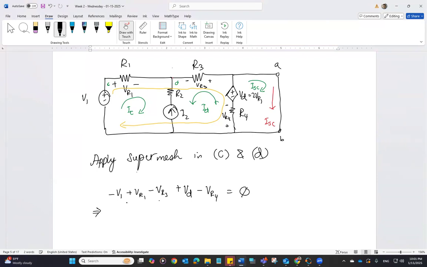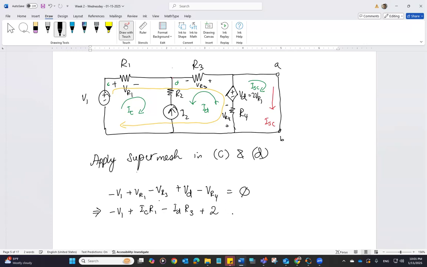And now Ohm's law: V1 is V1, so negative V1, VR1 is IC times R1, and VR3 is ID times R3. And we have VD. Now remember, VD is 2 times VR1 and VR1 is IC times R1.